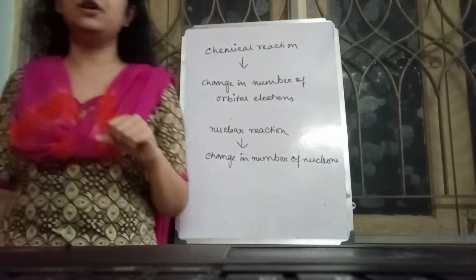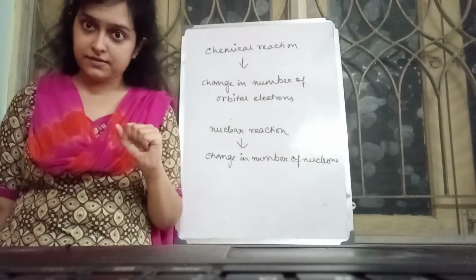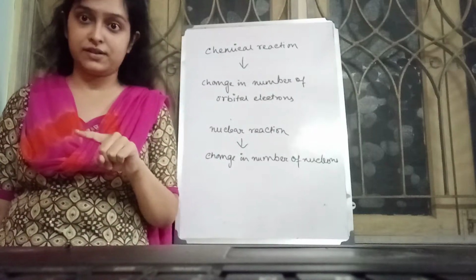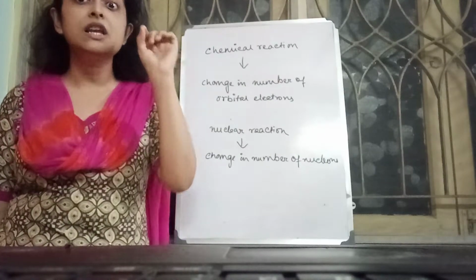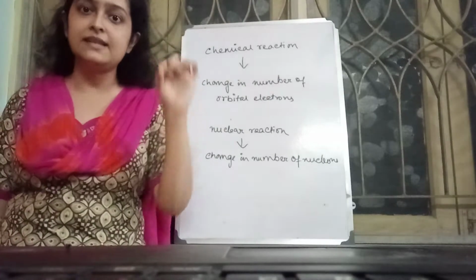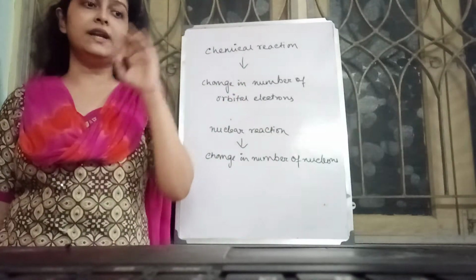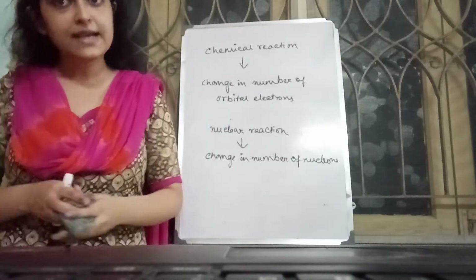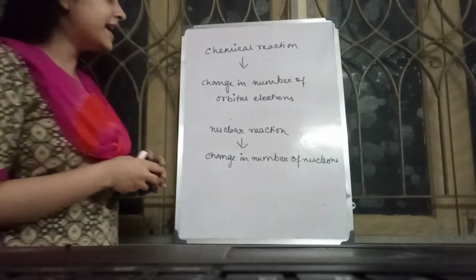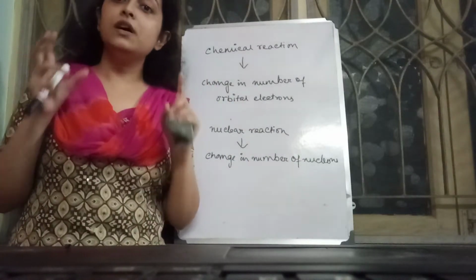In this chapter, we will learn that in nuclear reactions, the nucleons take part, that means the particles residing inside the nucleus, not the electrons. So the nuclear reactions deal with the participation of the nucleons.